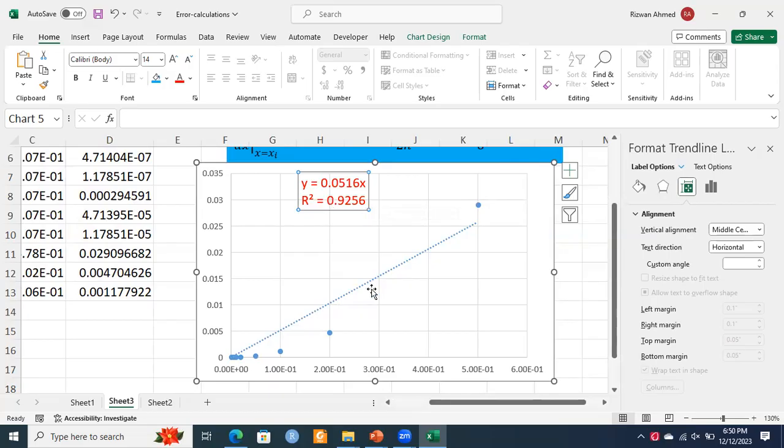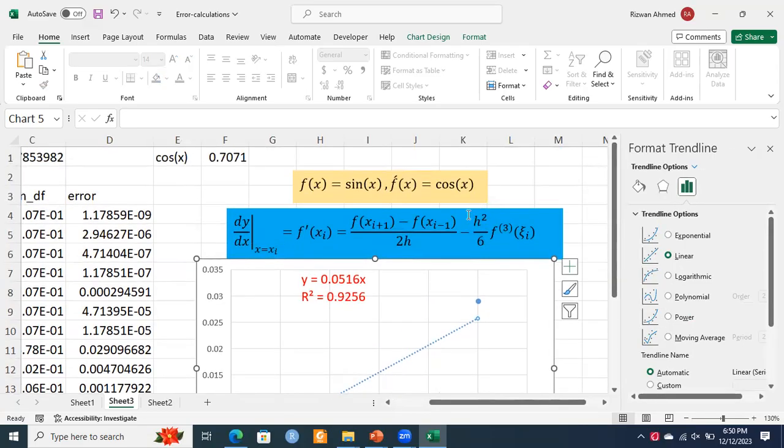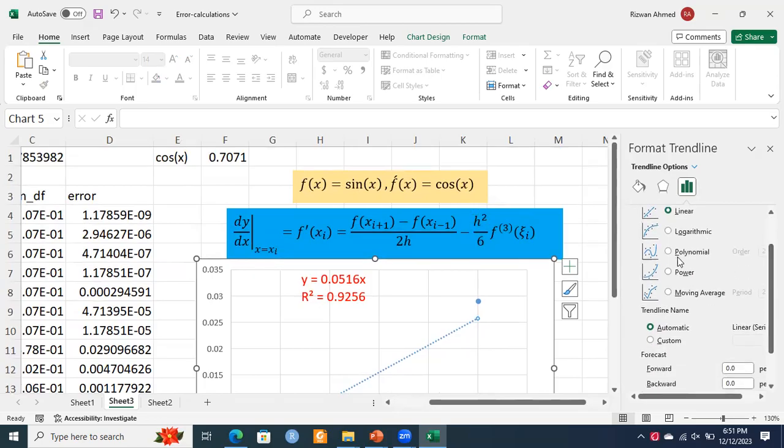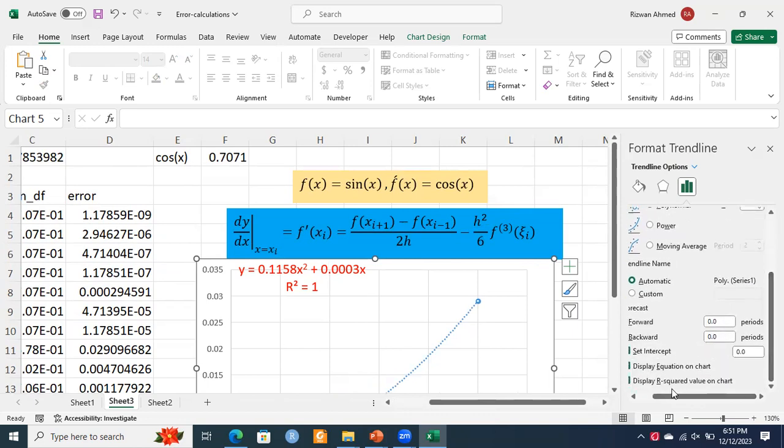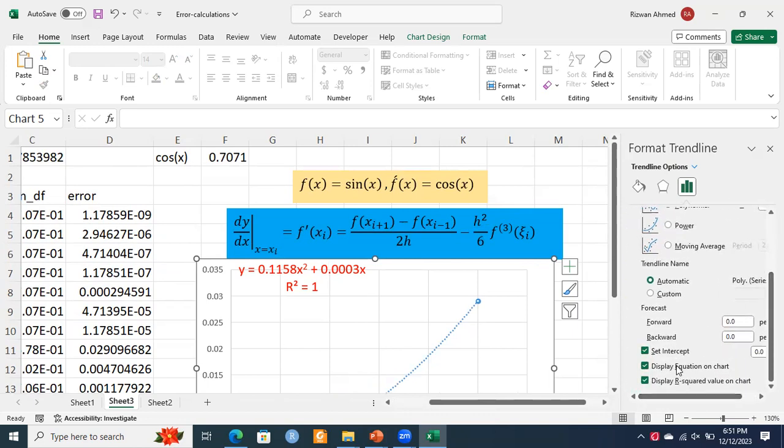For this model, since we were looking for a relationship h squared, I can change it to a polynomial regression model of order 2, and I set the option set intercept to 0.